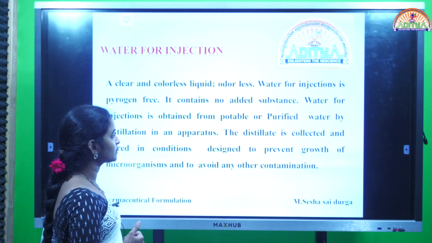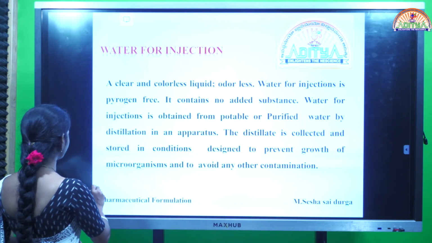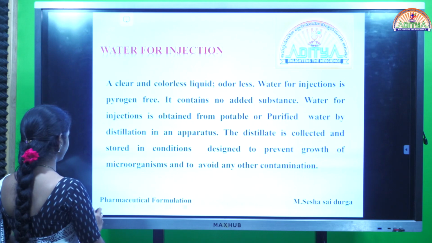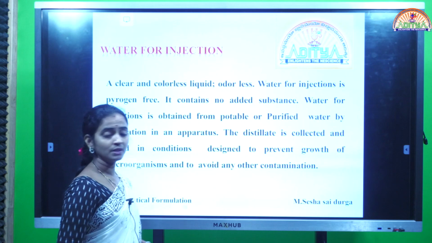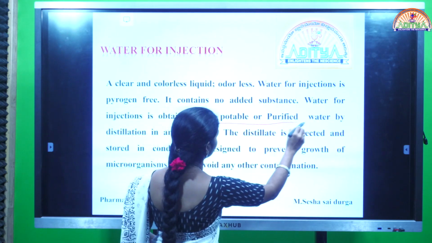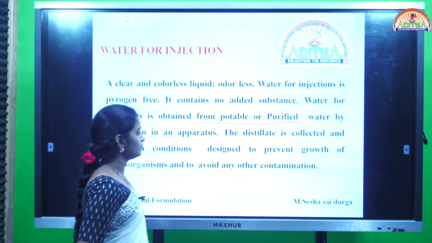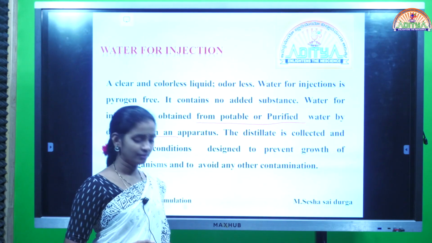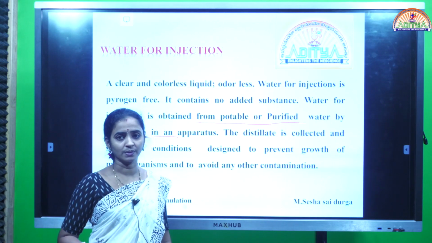So the pure water only we are taking. How is it prepared? Water for injection is obtained from potable water or purified water by distillation. Normally our drinking water is used, but that drinking water is not used directly.